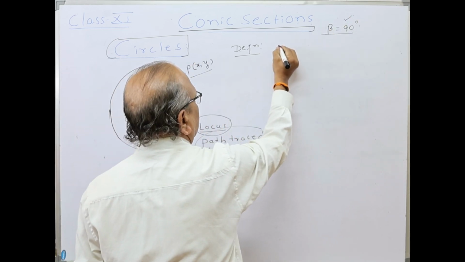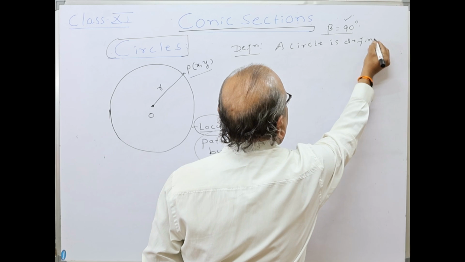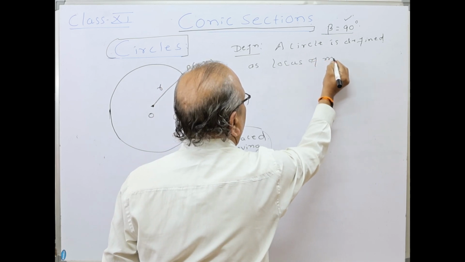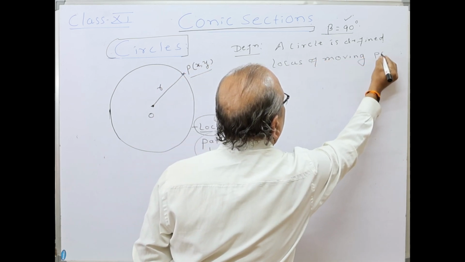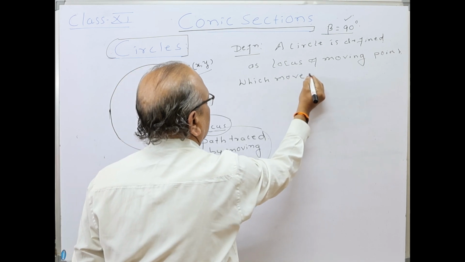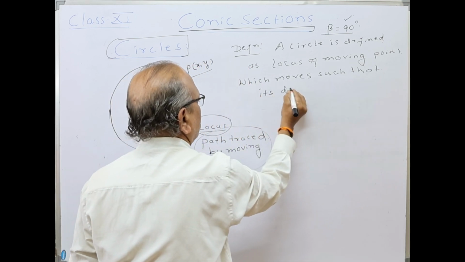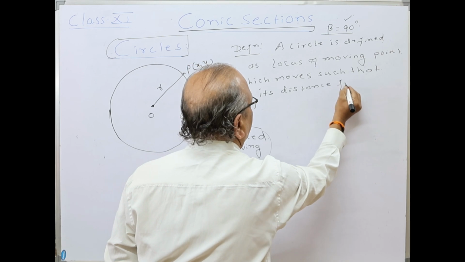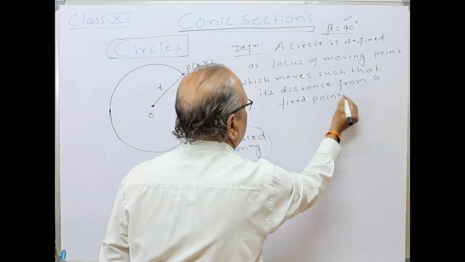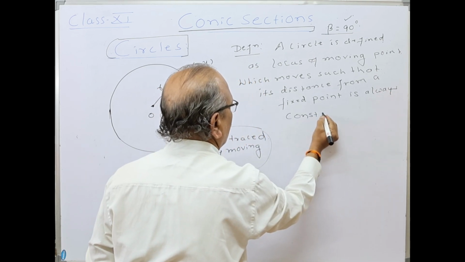A circle is defined as a locus of a moving point which moves such that its distance from a fixed point is always constant. This is called the analytical definition of a circle.